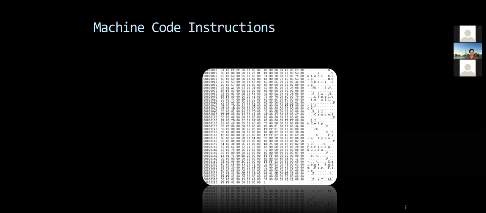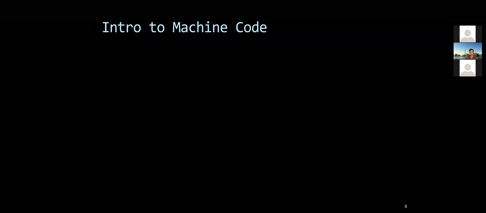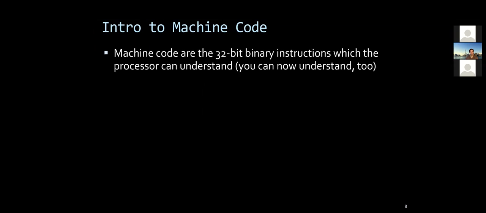And it's not a single language. It's actually a family of languages that people use to program machines at a very low level. So again, a basic reminder about the machine code. We covered some of that before, but not everything. When we work on at least the MIPS architecture, machine codes are 32-bit binary instructions which the processor can understand.